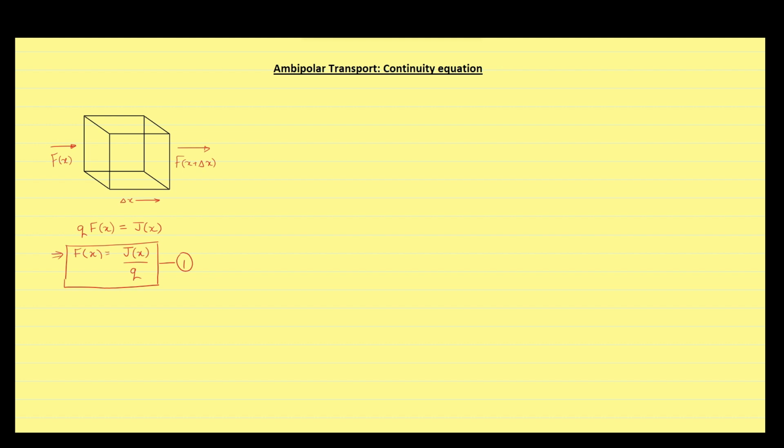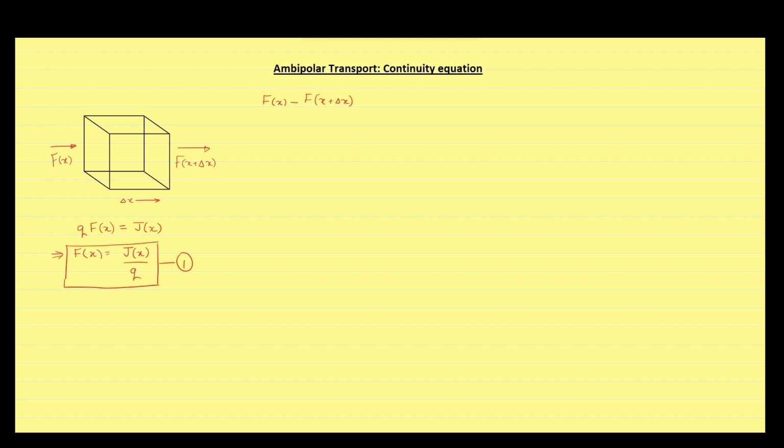The whole purpose of the continuity equation is to find the rate of change of hole concentration in this elementary volume which we have considered. Now, we can say that the flux density at the left end minus the flux density at the right end is the amount of holes that remain in the cube, or the buildup of holes per unit area per second.